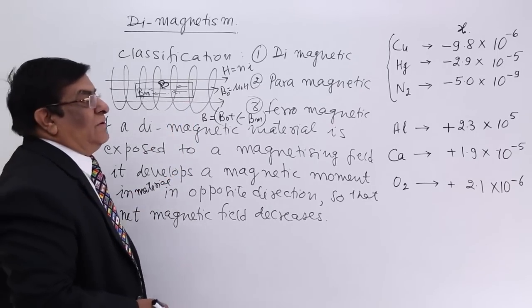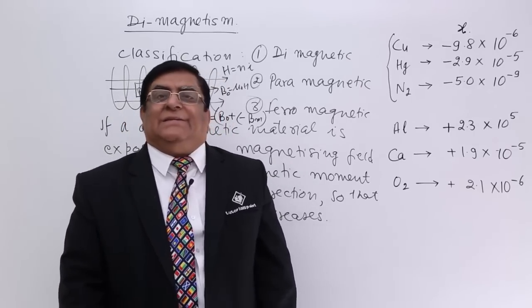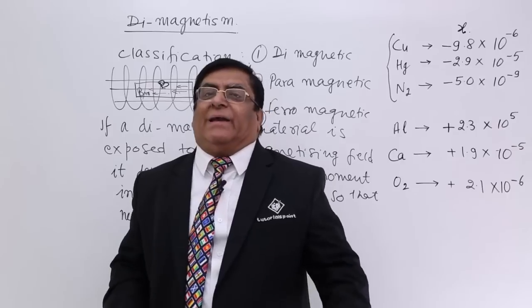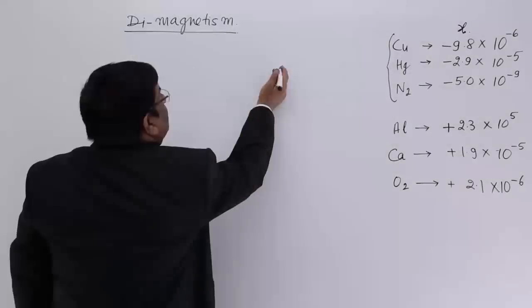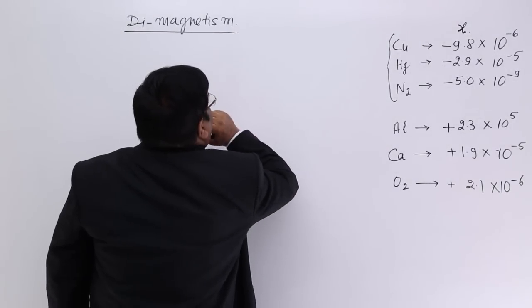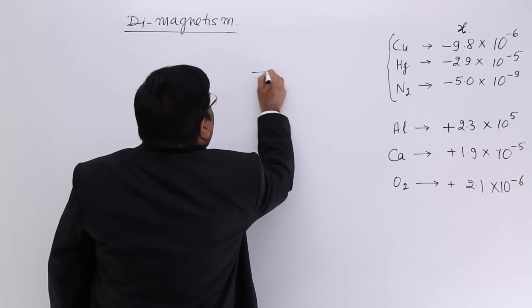Now there are certain other features of diamagnetic material, like this does not like a magnetic field. It is shown by a few experiments. One example is, here we have a magnetic field.